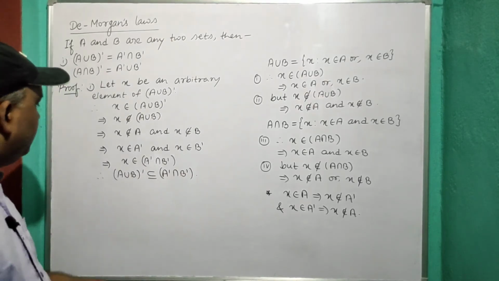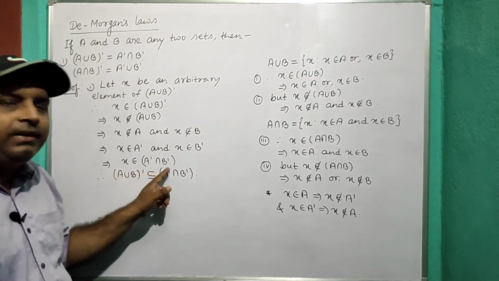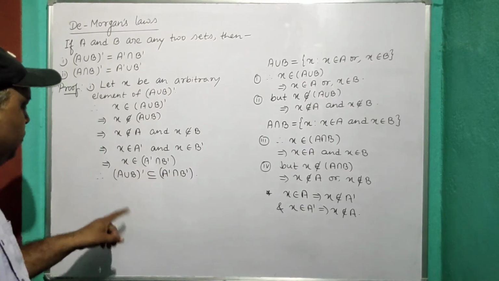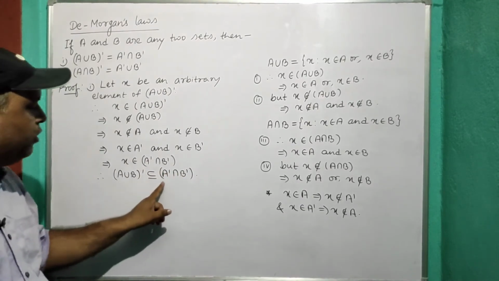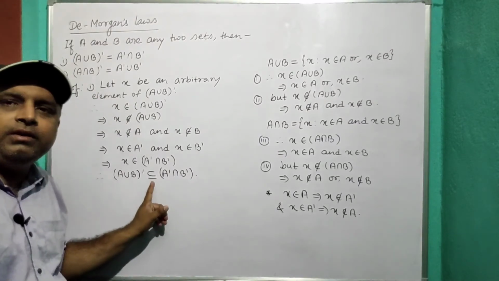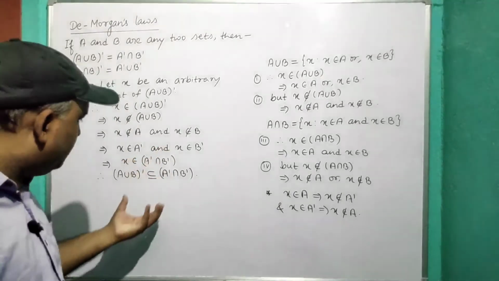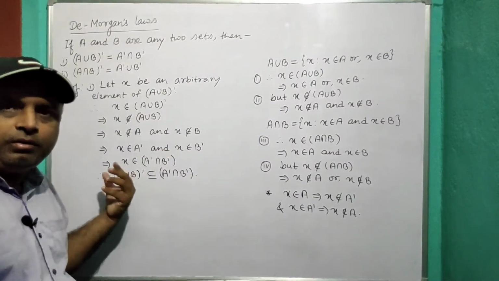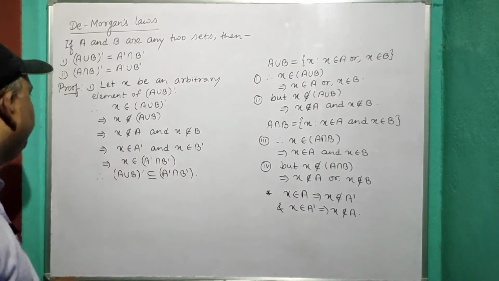Okay, so we observe that x belongs to A dash intersection B dash, therefore (A union B) whole dash is a subset of A dash intersection B dash. I have given this sign because it is not a proper subset, because we have to show that both are equal.